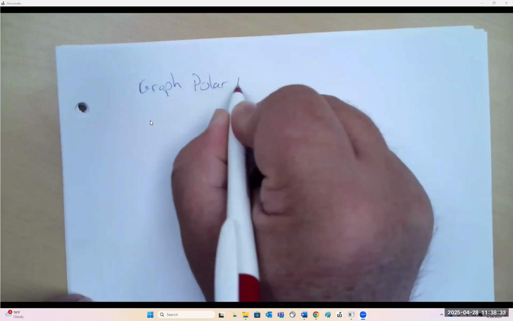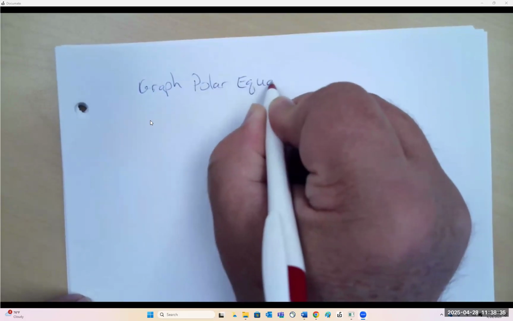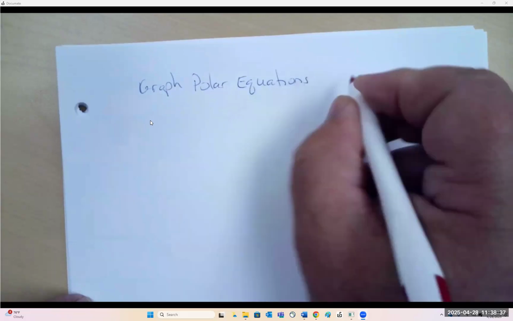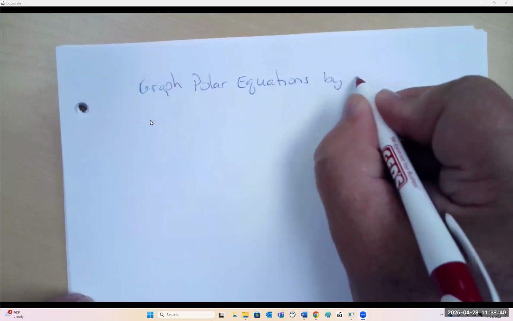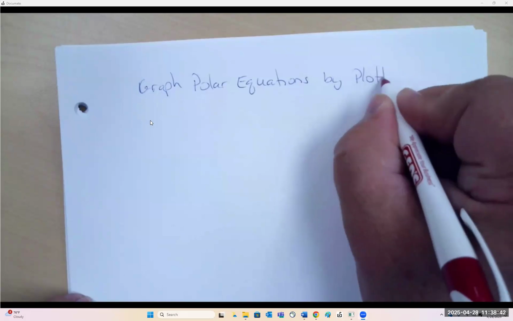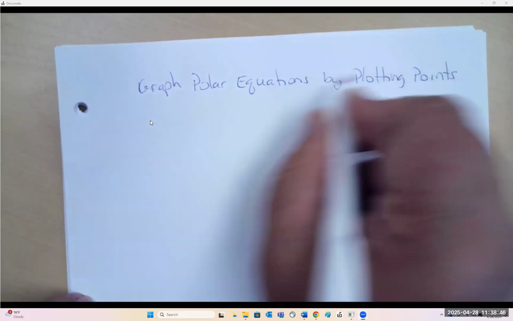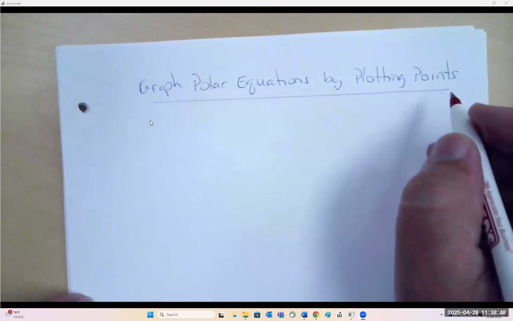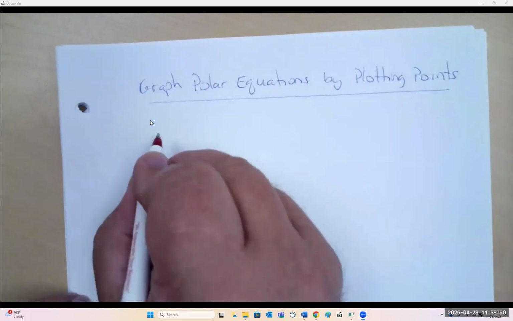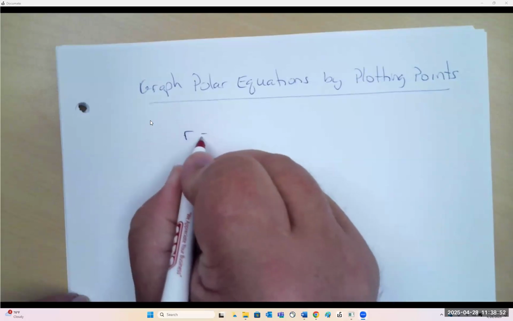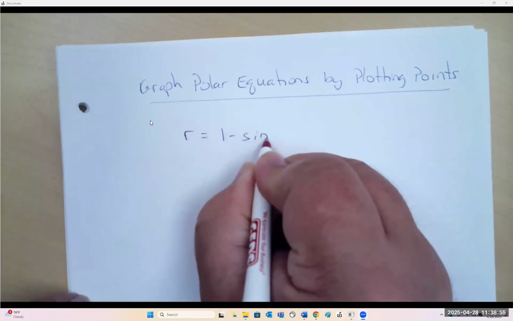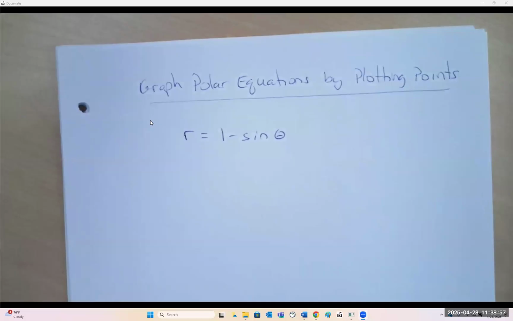Graph polar equations by plotting points. r equals 1 minus sine theta.